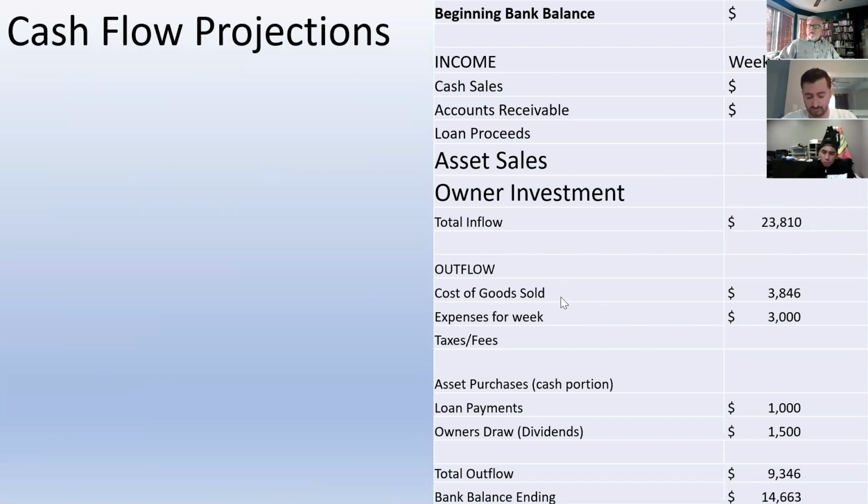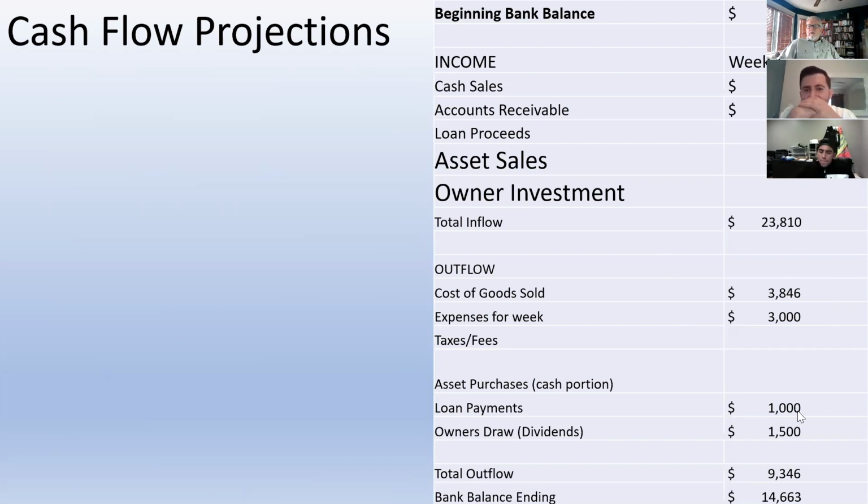Next, we look at the outflow, and the first outflow is this percentage of cost of goods sold, as a basic cost of sales, and that can vary widely from something small like this one is. This one represents maybe cost of food, so it's pretty small. Then we take a look at our expenses for the week, total them all up, the fixed expenses for the week, total them all up, and it's pretty simple.